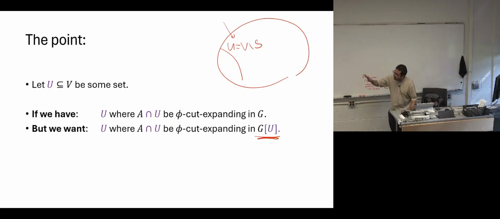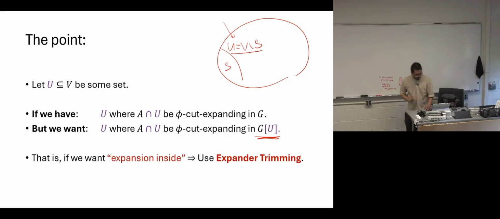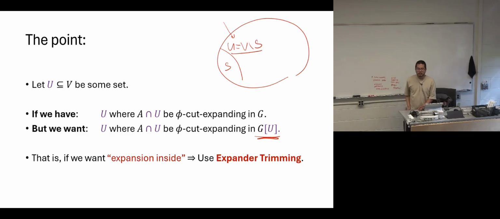We want expansion inside the component. This is S, this is U. Yeah. So whenever we want to get expansion inside like this, that's when we use expander trimming. Now I'm going to tell you what it is.